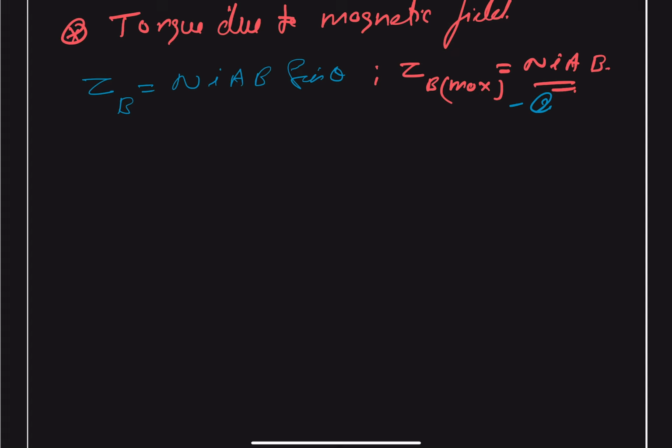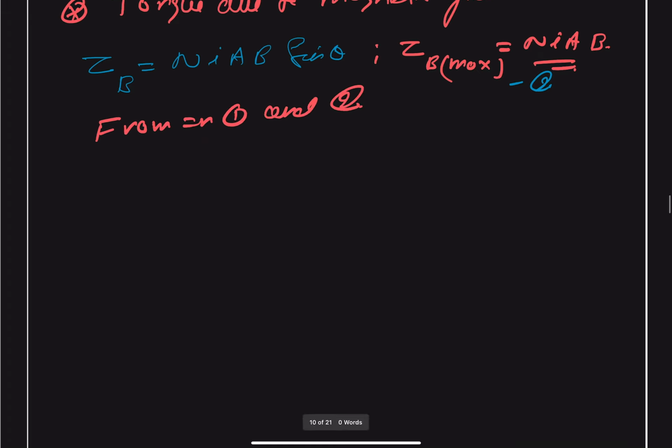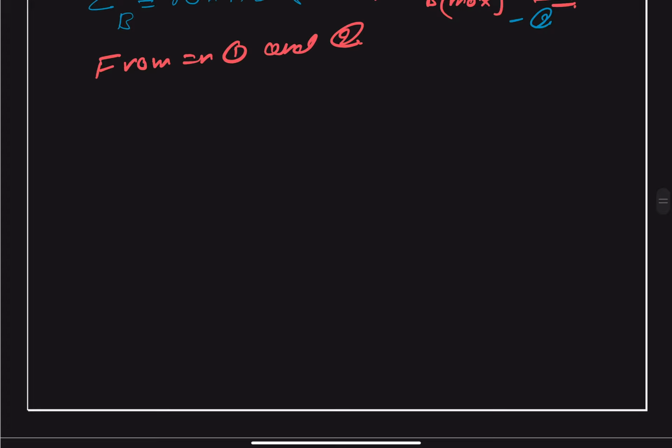So from equation 1 and 2, we can write our KI is equal to NIAB, and this gives us that K is equal to, here I goes with I, and we are left with NAB. So this is the expression for the K.